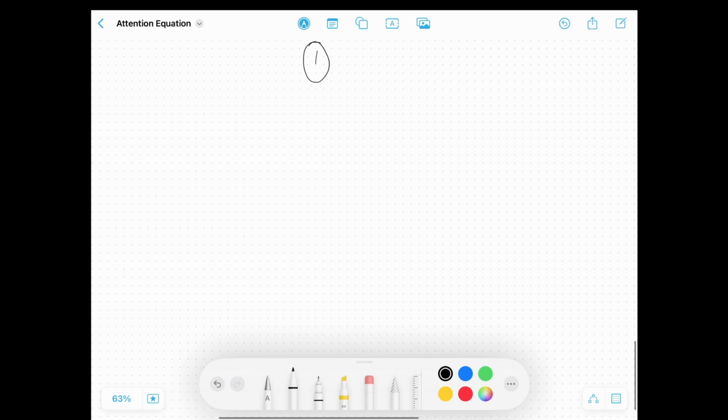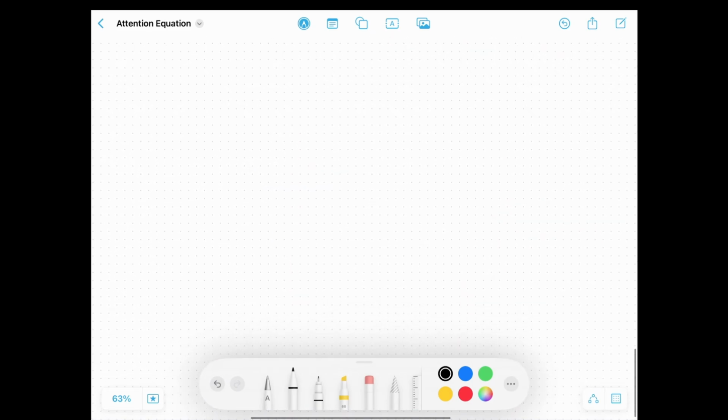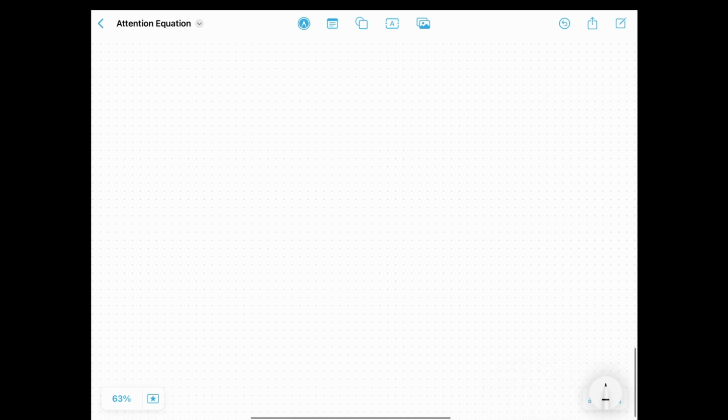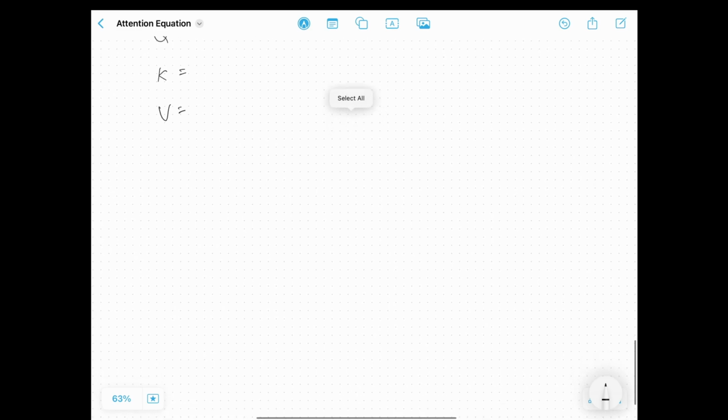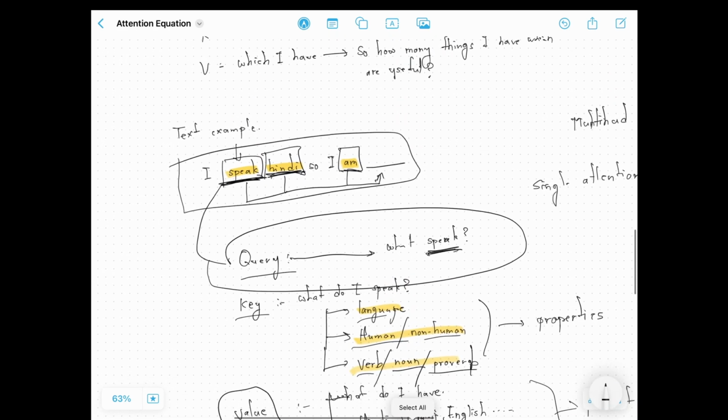So as we know, these are the three things that we have, but these are implemented as matrix, query, key, and value. So let's say we are implementing in Pytorch, and we are understanding the linear algebra object. So now we know that. Let's go into the first example.